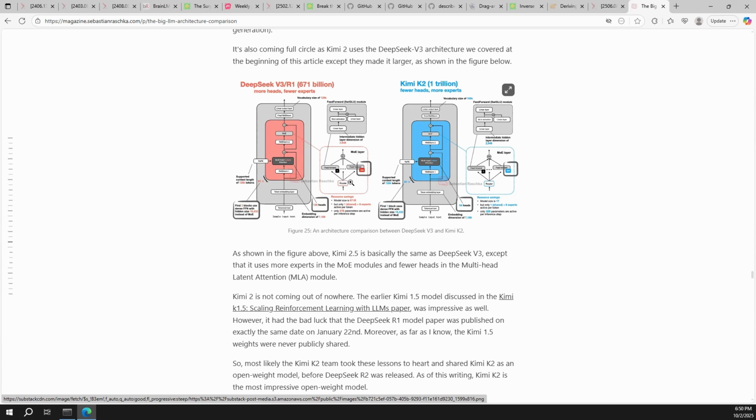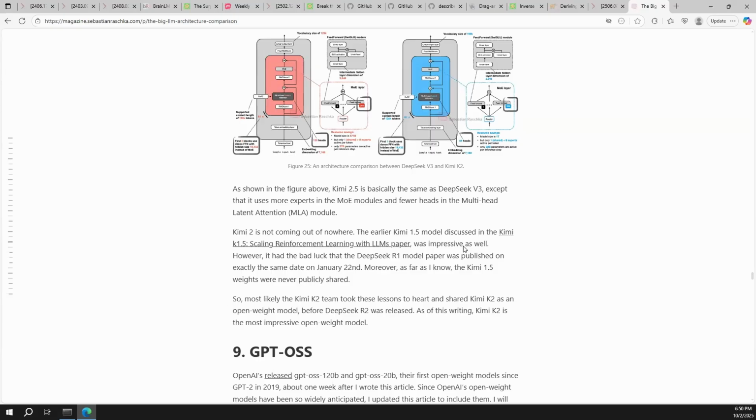Mixtral had like 8 total experts, whatever, right? Here you're seeing hundreds of experts. I think that's not new, but it's just sort of confirmation that this is the latest blueprint that everybody's starting from.